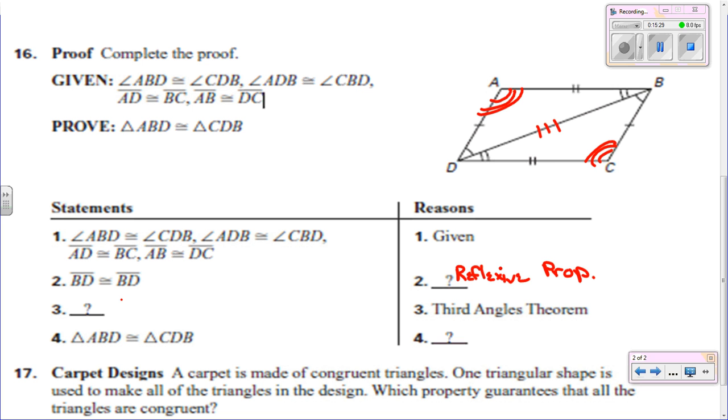So then we can say angle A is congruent to angle C. Then triangle ABD is congruent to triangle CDB. That is, by definition, of congruent triangles.